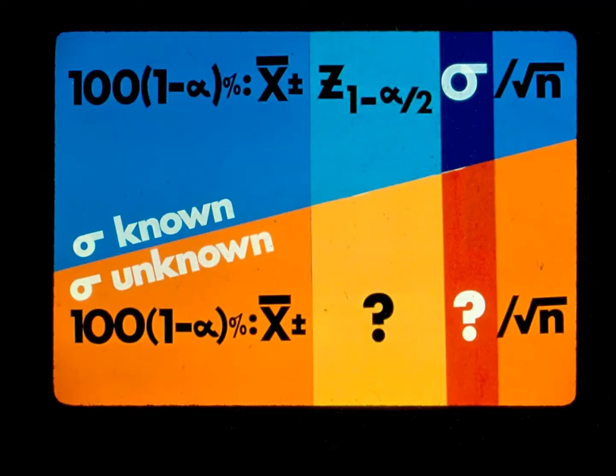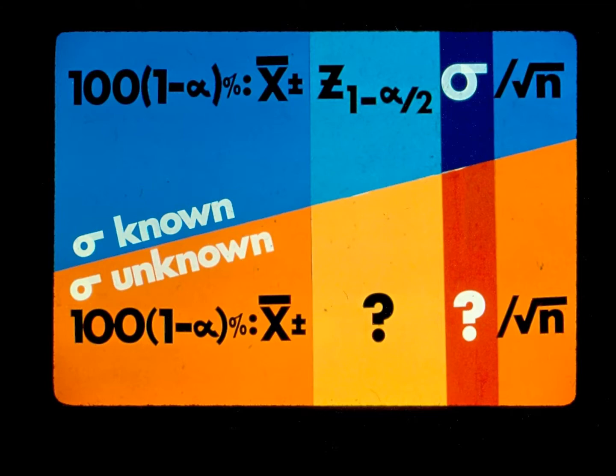Recall that the general formula for finding a 1 minus alpha % confidence interval for mu when sigma is known is given by the expression at the top, namely X bar plus or minus z sub 1 minus alpha over 2 times sigma over the square root of n, where z sub 1 minus alpha over 2 denotes the 1 minus alpha over 2 percentage point of the standard normal distribution.